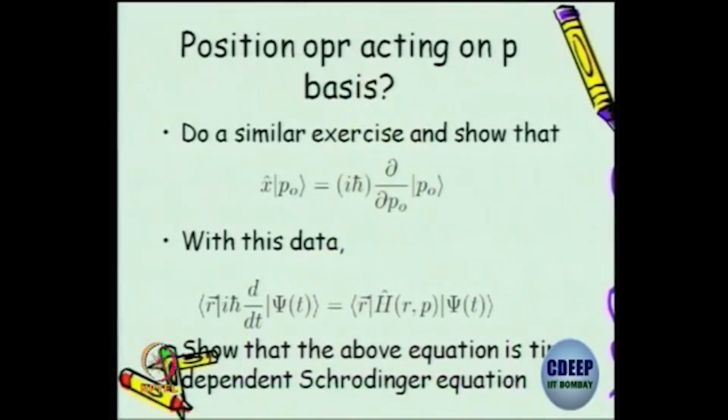I gave you an evolution operator which is unitary, and then we slowly studied what should be the position representation for the momentum operator. Then I asked you to find the momentum representation for the position operator, and then I said that using these data, you can actually reproduce the time dependent Schrodinger wave function equation. So I'll stop here.